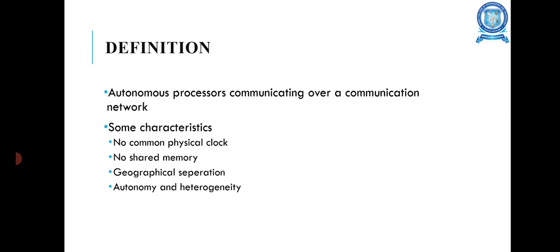Definition: a distributed system is one in which components located at networked computers communicate and coordinate their actions only by passing messages. Mainly, a distributed system is a collection of independent entities that cooperate to solve a problem that cannot be individually solved.